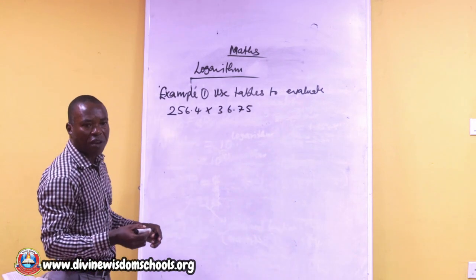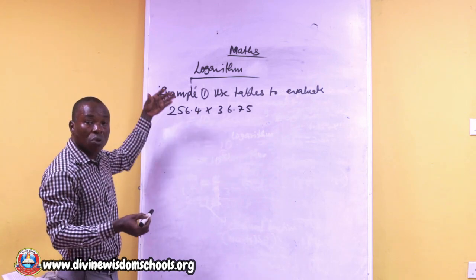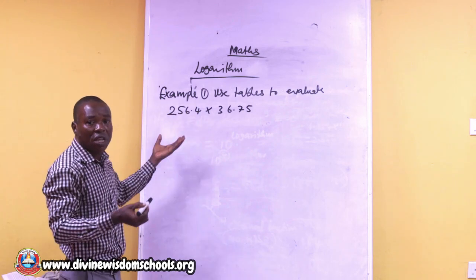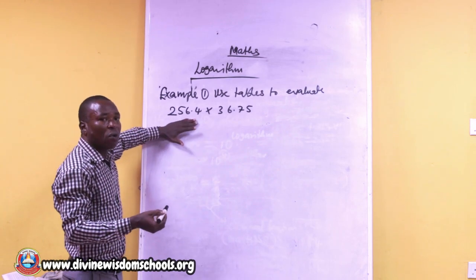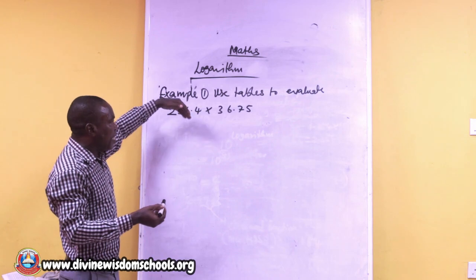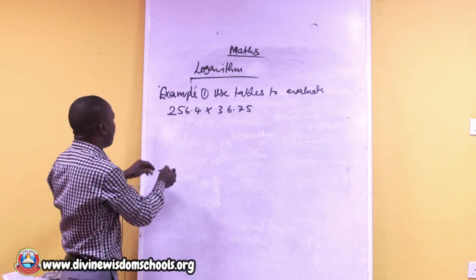This is a problem that you can carry out without even a calculator. You can do your normal multiplication to get your answer. You can as well use your calculator to solve that. But in a case where you are asked to use the logarithm table, that is what we are here to learn.